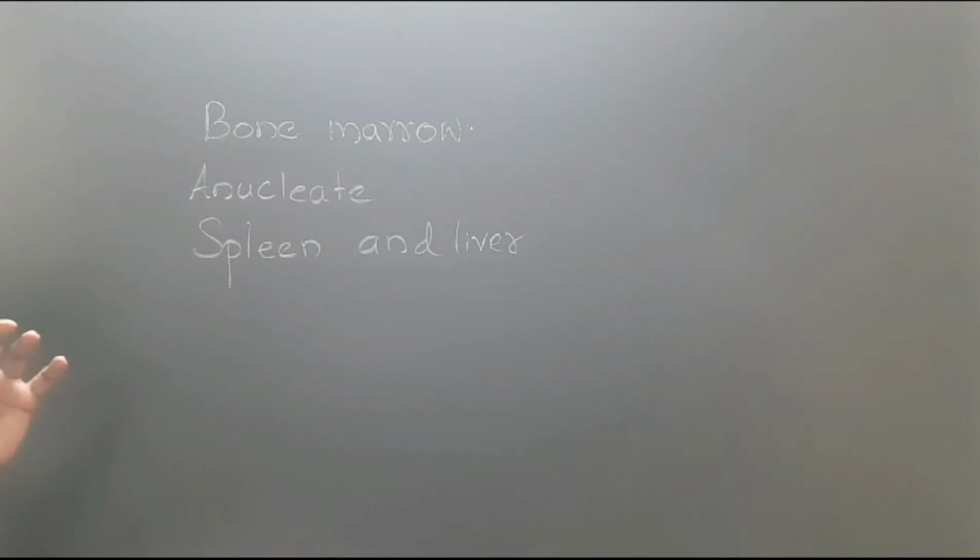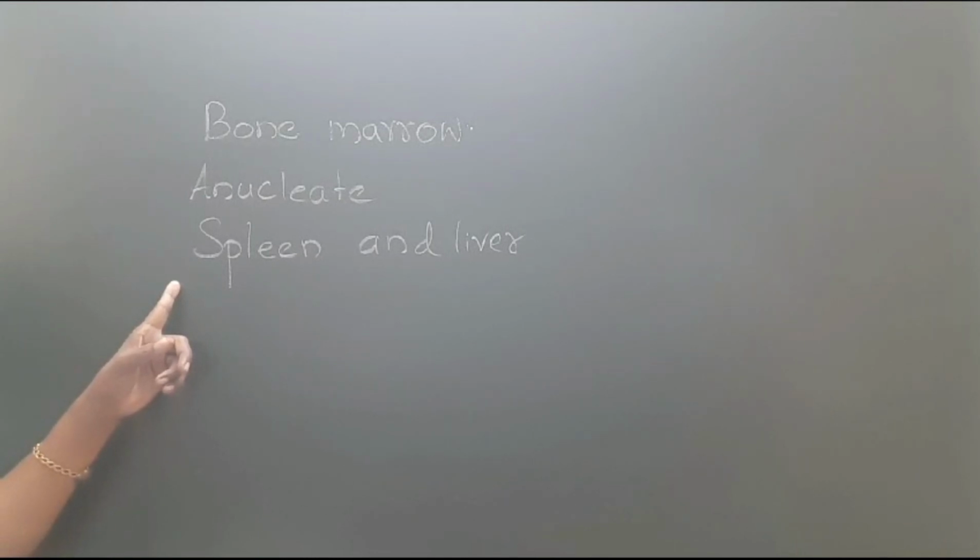Their lifespan, we already learned, is about 5 to 9 days, maximum 10 days. The spleen and the liver are the organs where these aged platelets are destroyed.